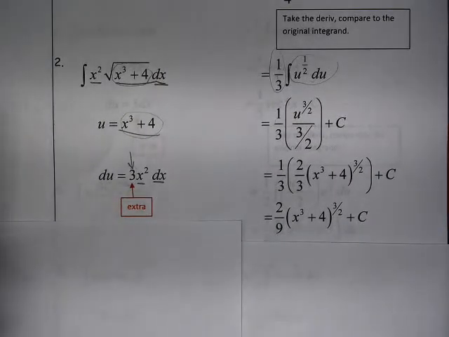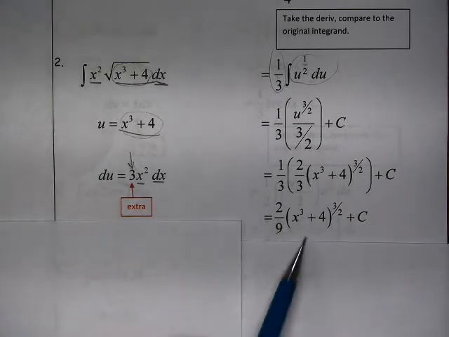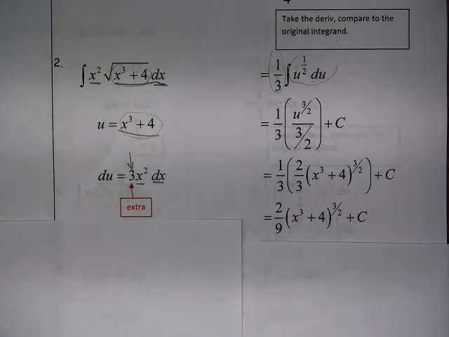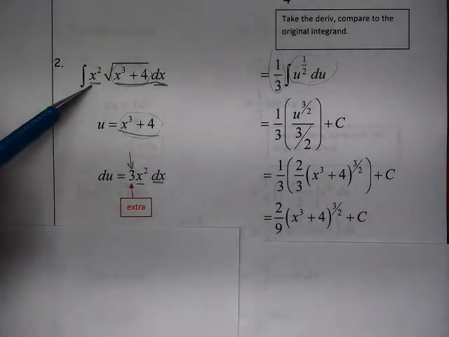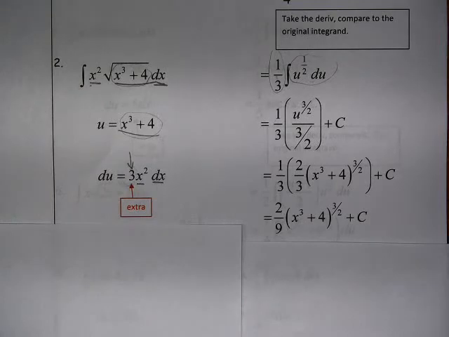And I get 2/9 times (x cubed plus 4) to the 3/2 power plus c. And again, if you pause the video and take the derivative of that, you will find that you do in fact get this integrand here as your derivative.